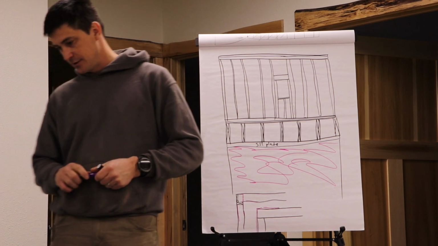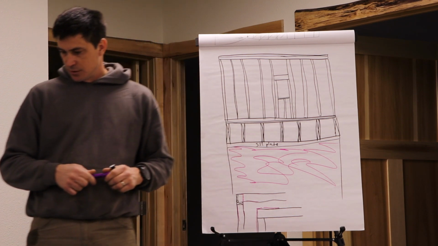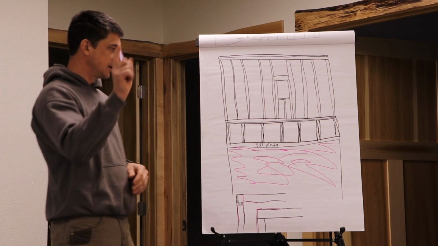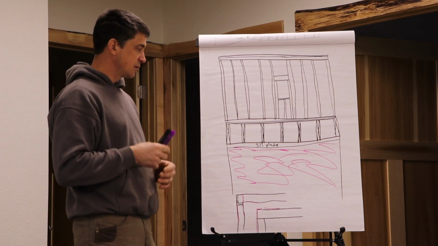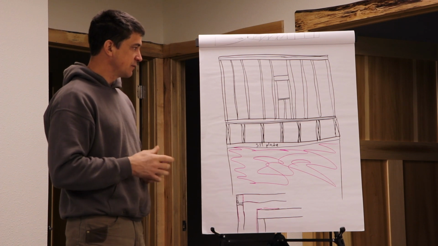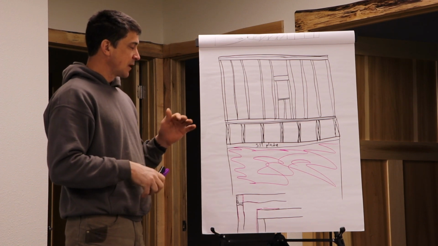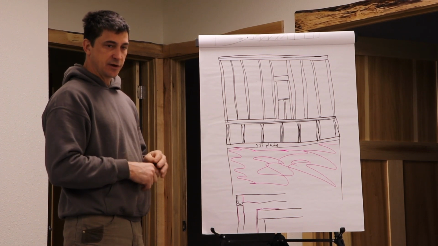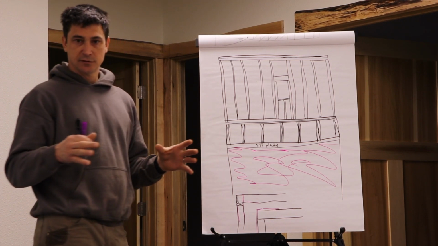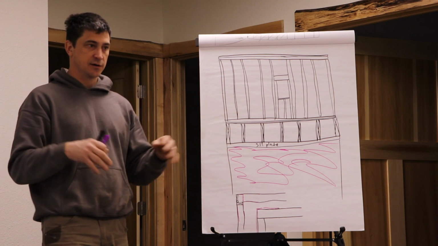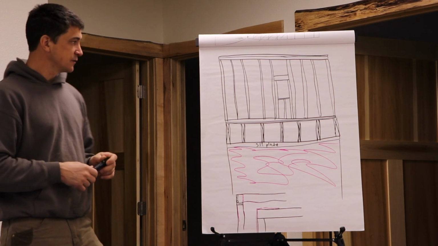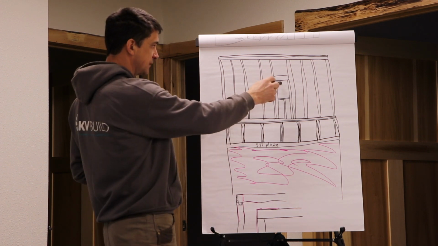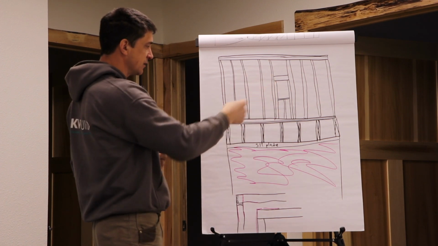Okay, what else do we got here? We kind of already went over this last class, but for those of you that were not here, when we build a structure, we have to transfer all loads from the structure onto the foundation. A small window opening is not a big deal.